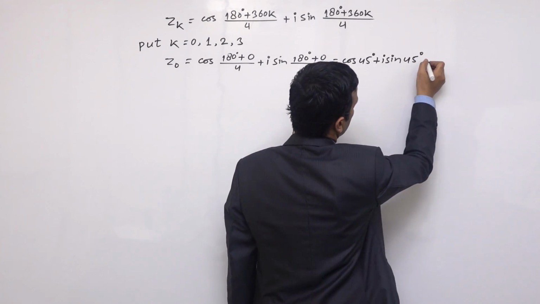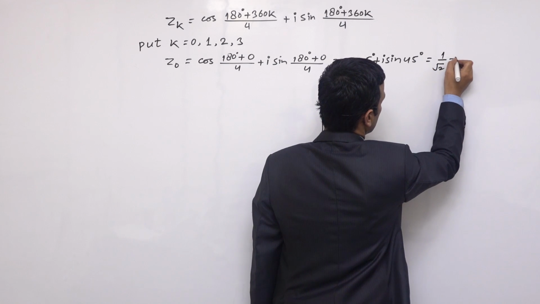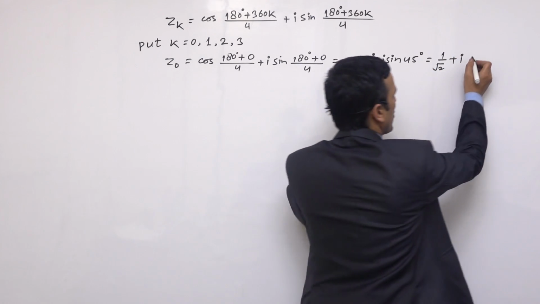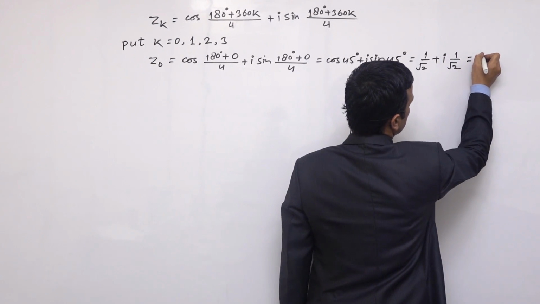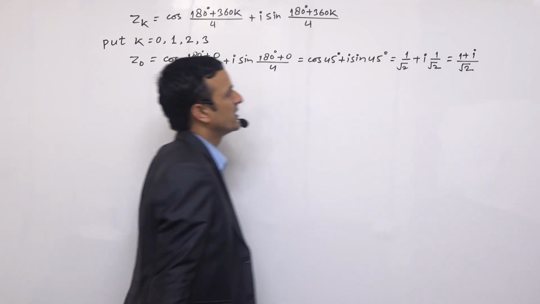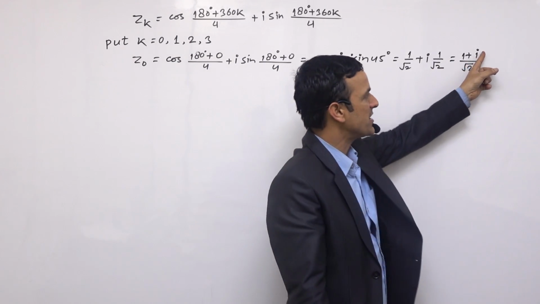If you solve it, then it will be cos 45 means 1 upon root 2 plus i sin 45 means it is also 1 upon root 2. So after taking LCM, we get (1 plus i) divided by root 2. So one of the solutions is this one, (1 plus i) upon root 2.